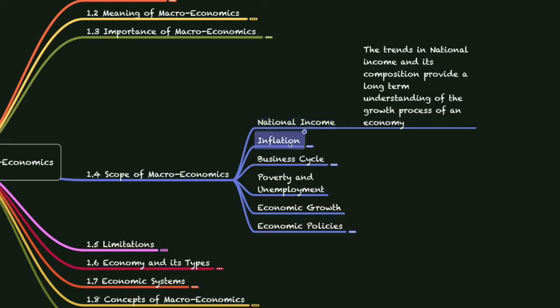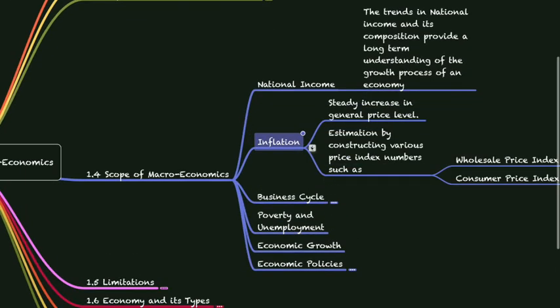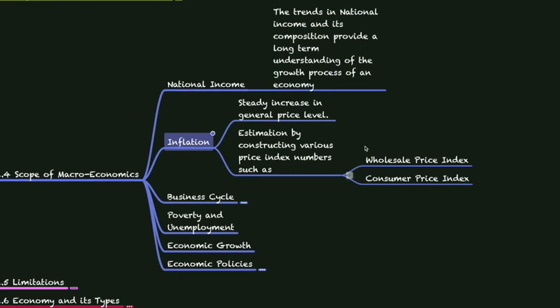Okay, the next is what is known as inflation. Inflation is the steady increase in general price level. A very good example is the inflation in fuel prices. About 10 years ago, our petrol price was around 30-40 rupees per liter. In today's situation, the petrol price is almost 100 rupees per liter.